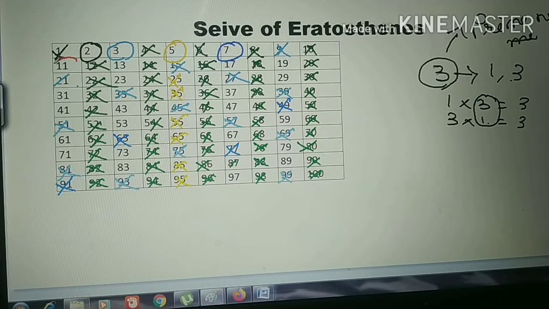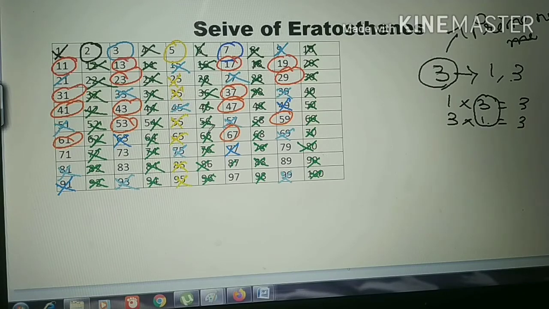After 7, I am circling 11, 13, 17, 19, and in the 20s, 29 and 23. Now in the 30s, 31, 37, in the 40s, 41, 43, 47, in the 50s, 53 and 59, after that 61, 67, then 71, 73 and 79, after that 83, 89, after that 97. So these are all the numbers.